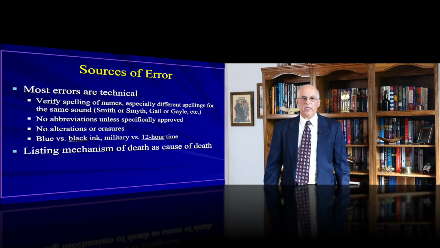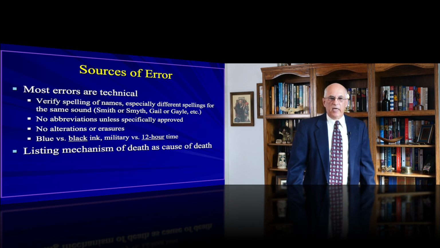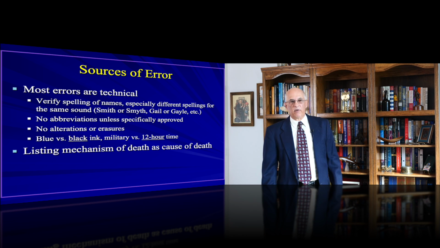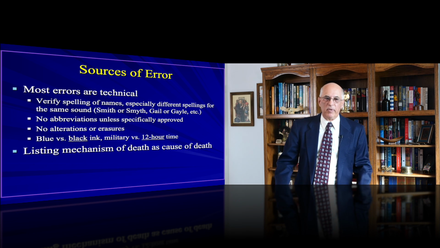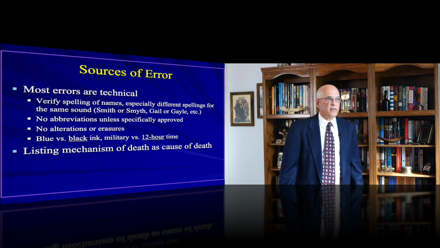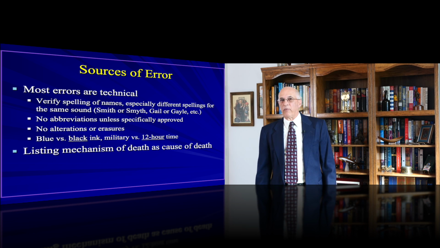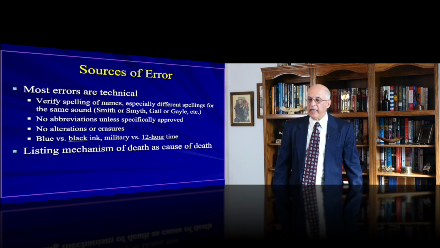All right. Now, in the reading that I did, remember I mentioned that 30 to 50% errors. Well, most of those are technical errors. Things like a name might be misspelled. Now, I would think that that has probably gotten better now that we use an electronic record. I actually tried to see if I could find anything on that, and I didn't find any data on it.